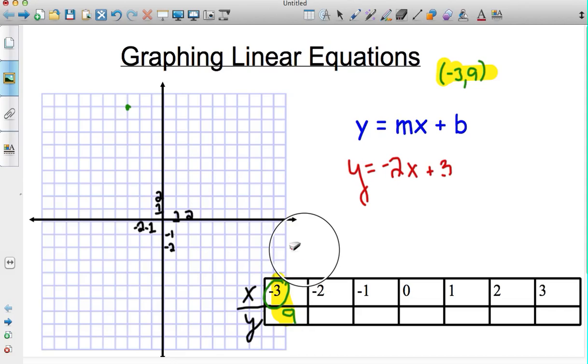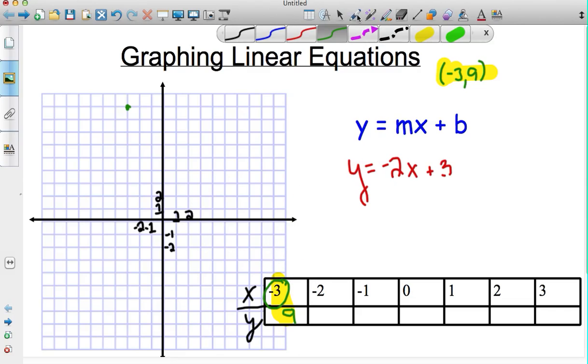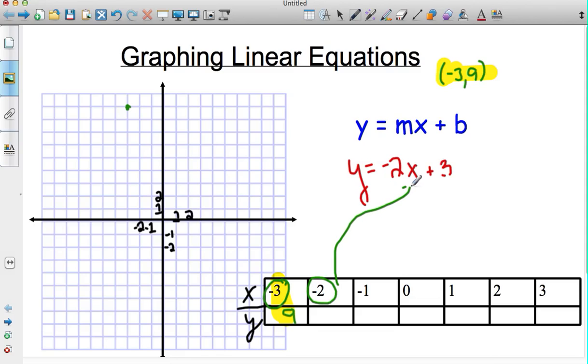Okay. Next up, we're going to need another point. So now I'm going to take this point. If x was negative 2, let's fill it in here for negative 2. Y is equal to negative 2 times negative 2. We'll replace that, plus 3.